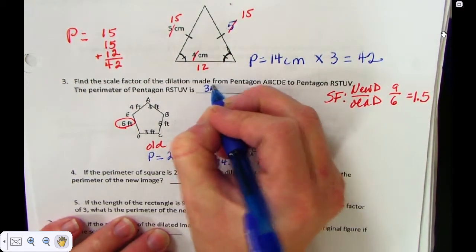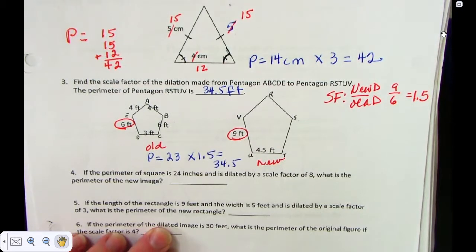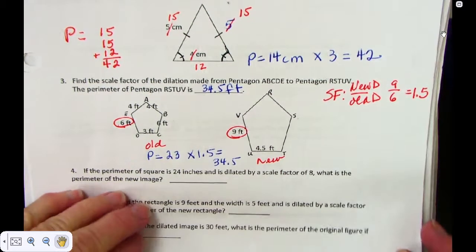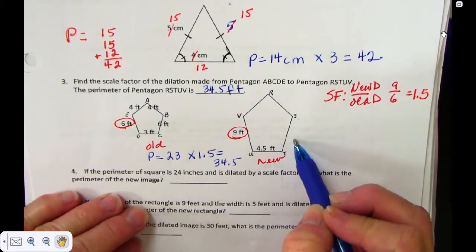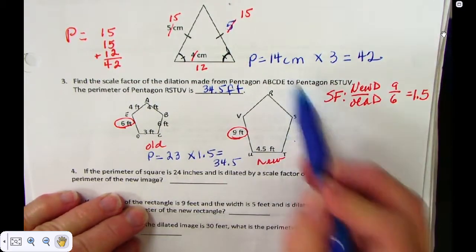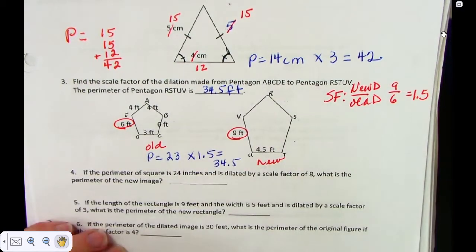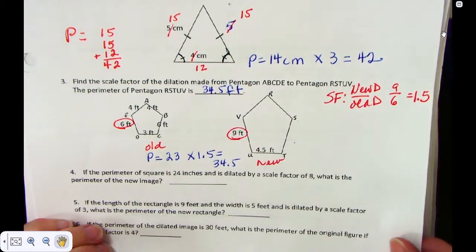So 34.5 feet is the perimeter of my new image. Or I could have gotten the length of these sides by multiplying these by the scale factor and then adding up. But this is the easiest way on this problem. Okay?